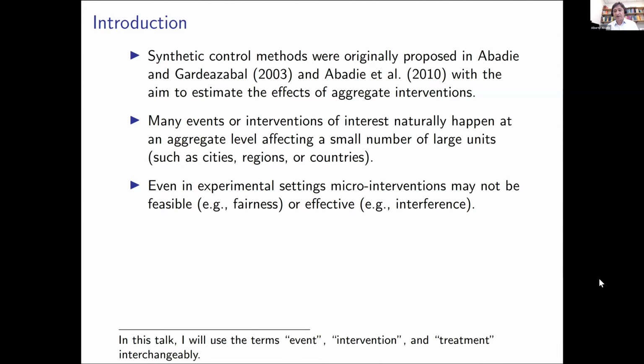And also you may have interference issues. You may have two individuals in the same locations, one is treated and one is not treated, but they are interacting, and this is creating a bias in the experimental estimate. So to avoid all these types of issues, you may want to implement your intervention, not at the micro level, but at the level of a city or a school district or a region.